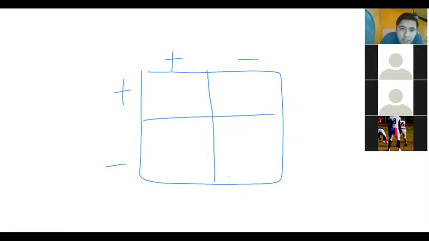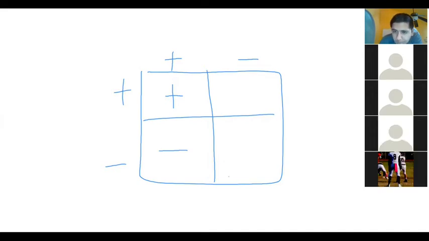Positive, exactly. So two positives give us a positive. What about a positive and a negative? Negative. What about a negative and a positive? Negative as well. Now, if they're both negative, what happens then? Positive.